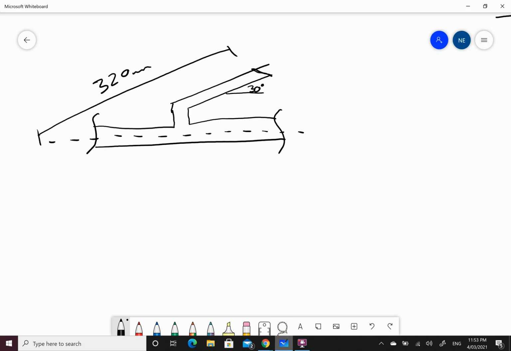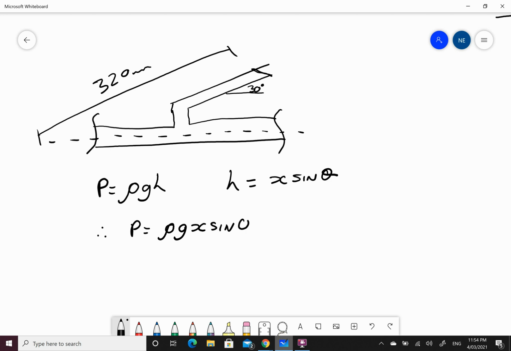So in this one, because it's on a slope, the pressure is equal to rho g h. h is equal to x sine theta. So therefore the pressure is equal to rho g x sine theta.